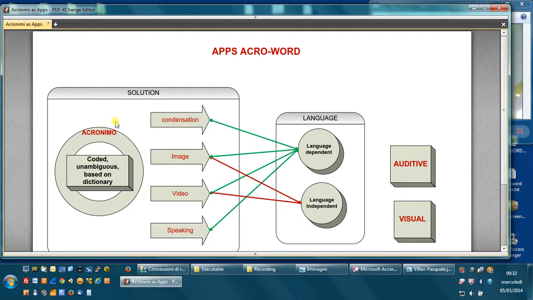A sentence, a word, or a phrase can be coded by a small set of characters.